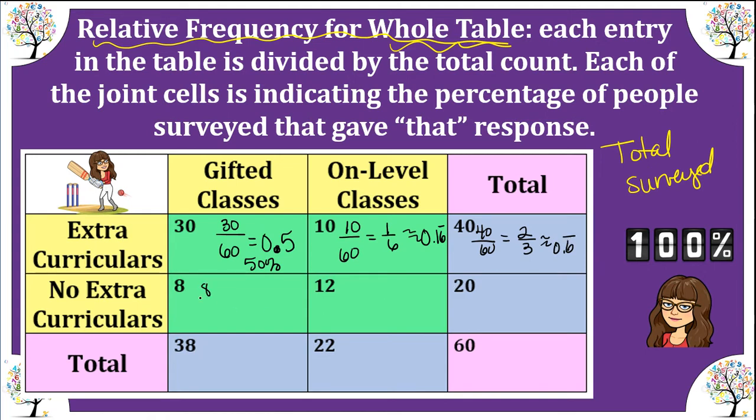Here we have 8 out of the 60 people who have gifted classes but do not have extracurriculars, and this is going to reduce by 4.